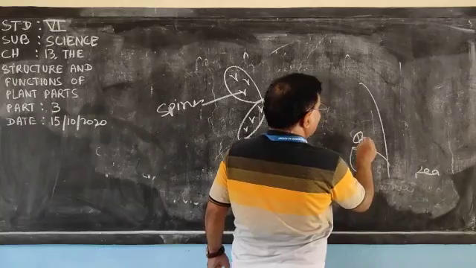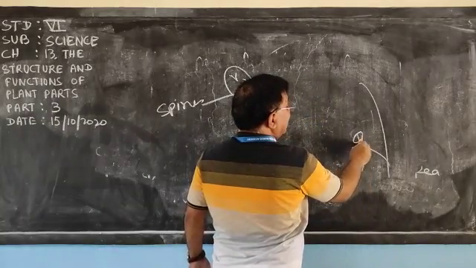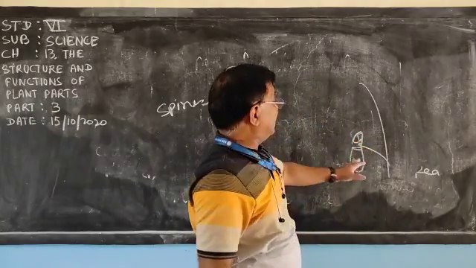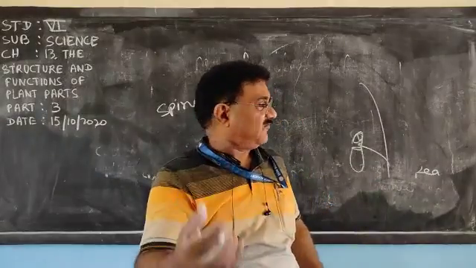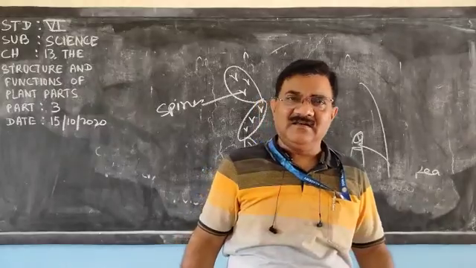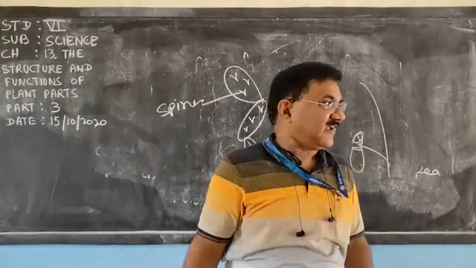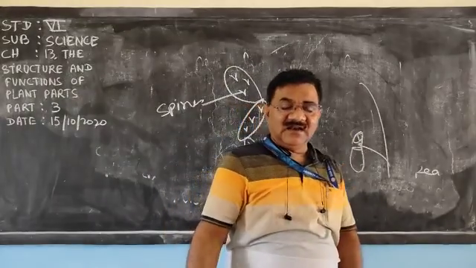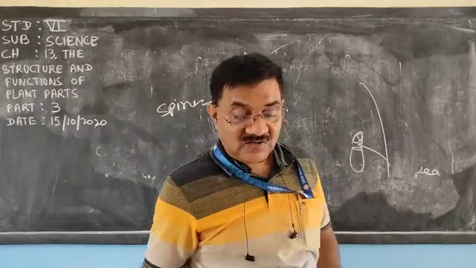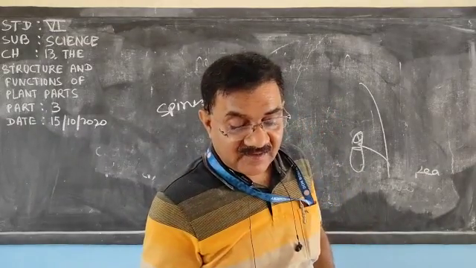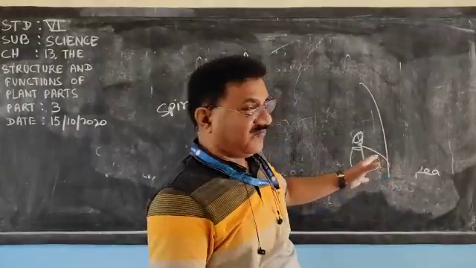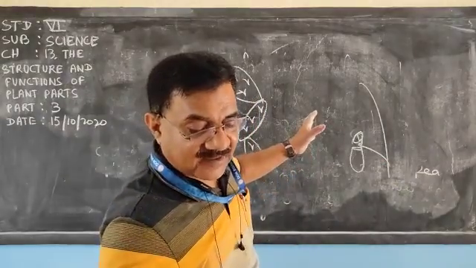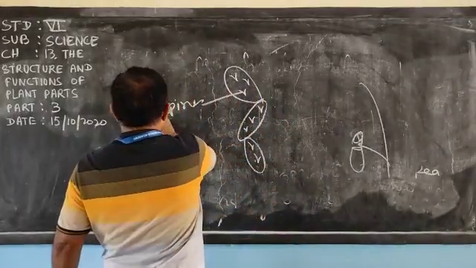When the insect comes here, it will close. The insect will die in this pitcher, and the nitrogenous product will be taken by the plant. So some plants which are insectivorous have modified leaves to catch the insect and digest it. So we have understood about the modification of leaves.